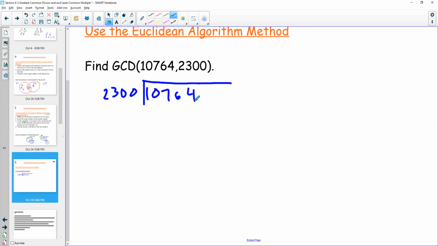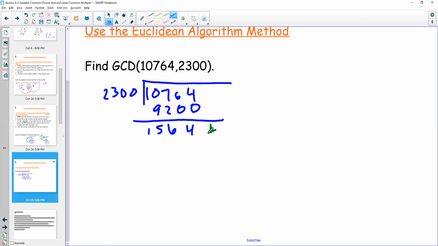I know, let's see. 1, 2, 3. It's got to be at least 4 of them, right? 4 times 3 is 12. Yeah. So let's take 9,200 out of here because 2,300 times 4 is 9,200. I'm going to do the subtraction. I'm going to get 1,564.